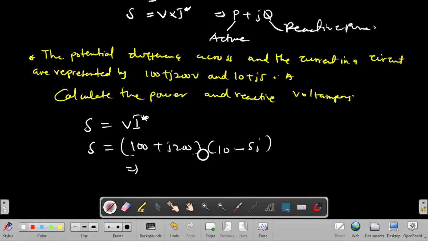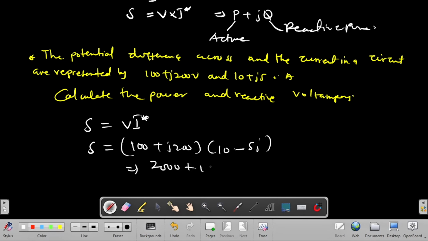When you simplify, you can do this directly on the calculator. You set it to complex mode, then you enter 100 plus 200i in one bracket, multiplying another bracket, 10 minus 5i, and it gives 2000 plus 1500i.